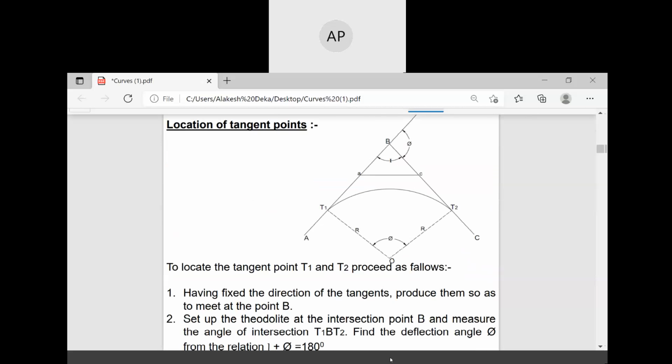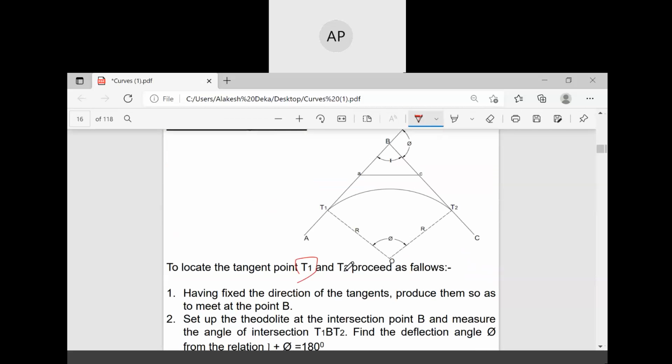Location of tangent points. To locate the tangent points T1 and T2, having fixed the direction of the tangents, they must meet at point B. So what is the procedure?